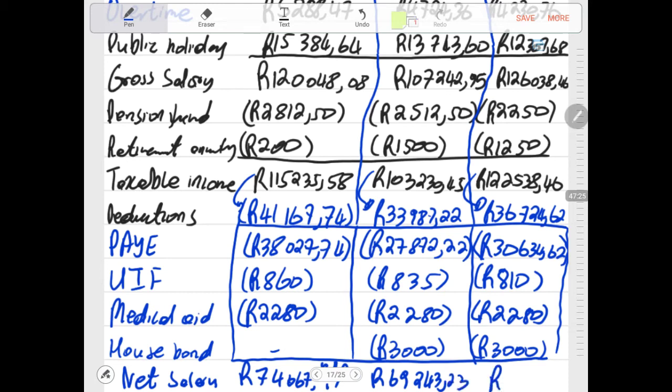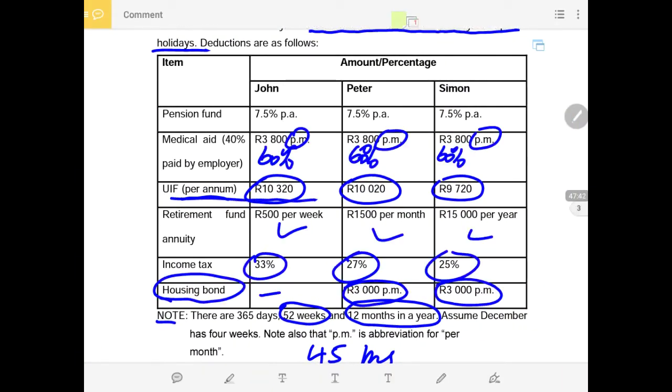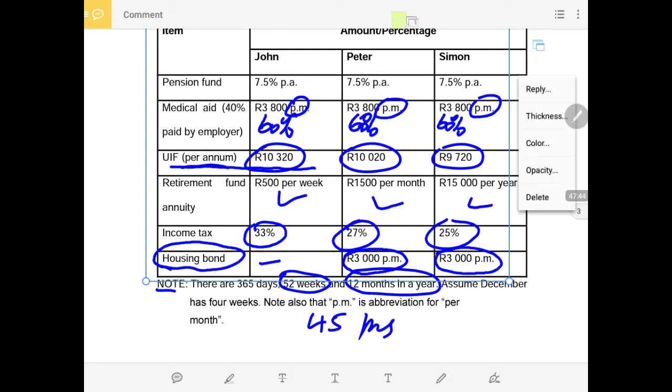The last one is 85,813 rand 85 cents. So now this will be their net salary for the month. I always make a mistake and say wage, but it is a salary.